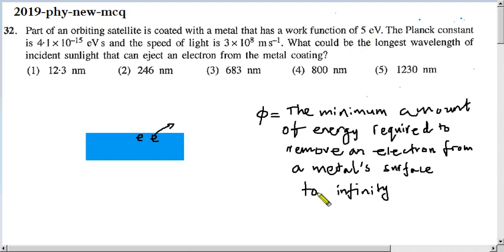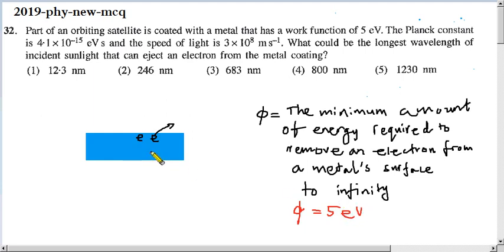So it is given here, 5 electron volt. That is the work function, equal to 5 electron volt.